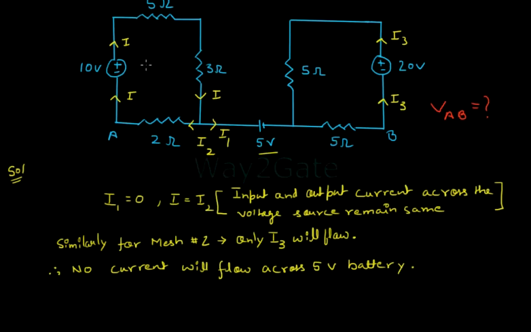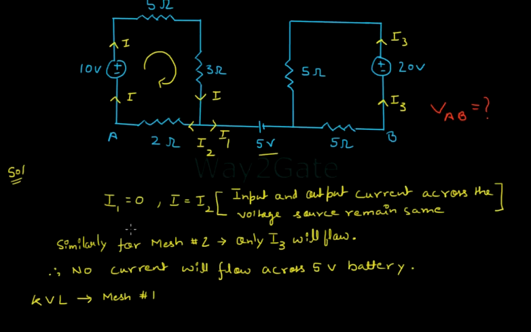Therefore, using KVL in mesh 1, plus 10 due to voltage rise, and due to voltage drop across the 5 ohm resistance, we have minus 5I.